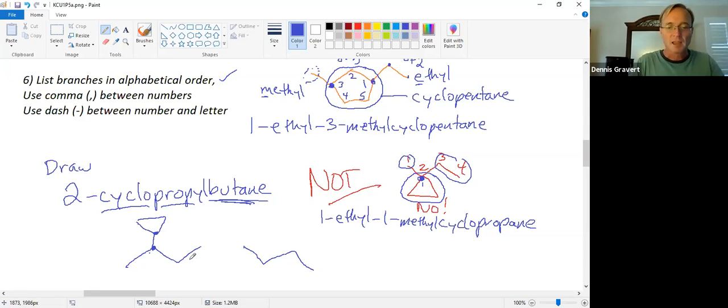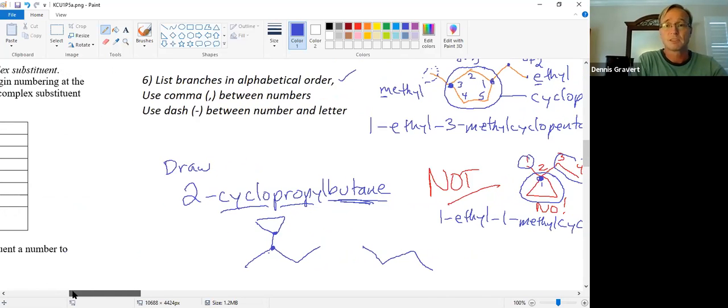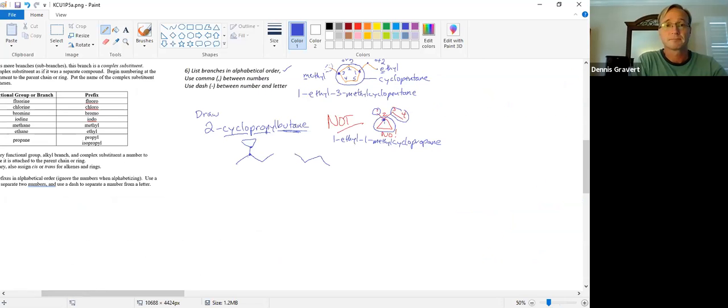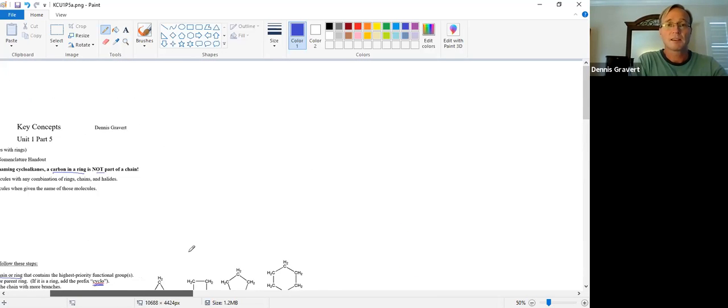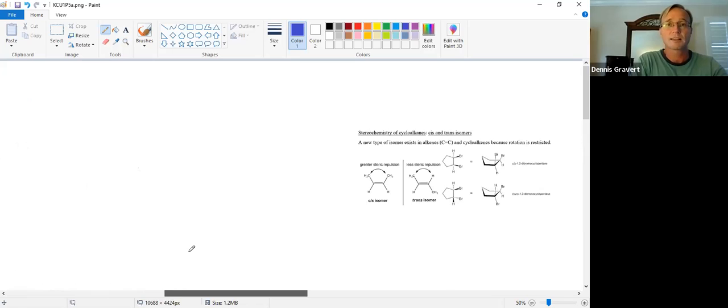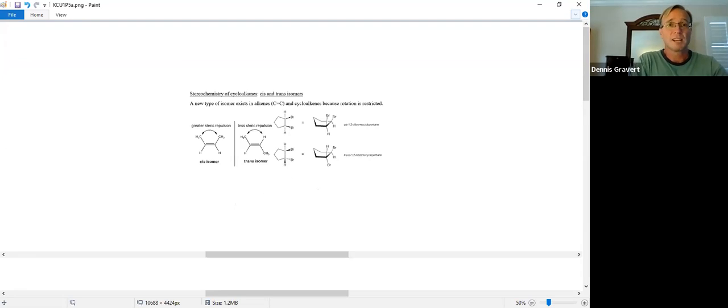Moving on then. There's a new situation that happens when you have a ring that you don't have with chains, at least alkane chains. Let me just make sure I don't forget anything else. Nope, we're good. Because the carbons are locked into a ring, they're not free to rotate anymore.